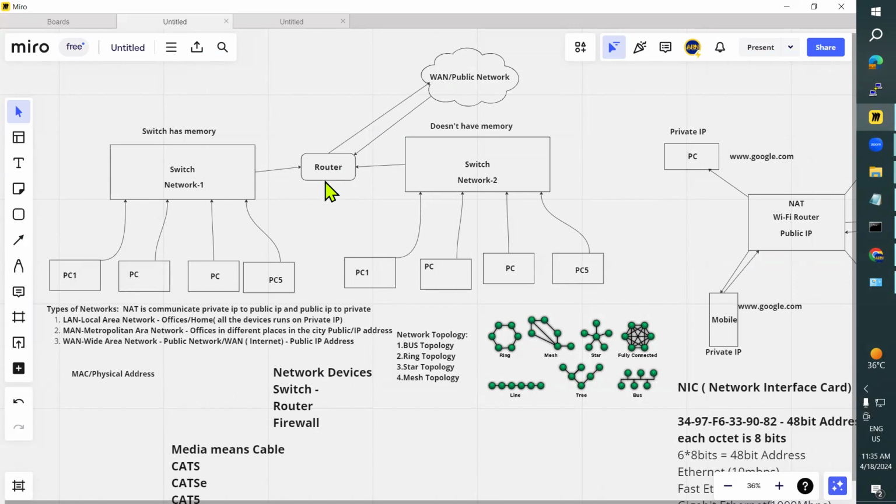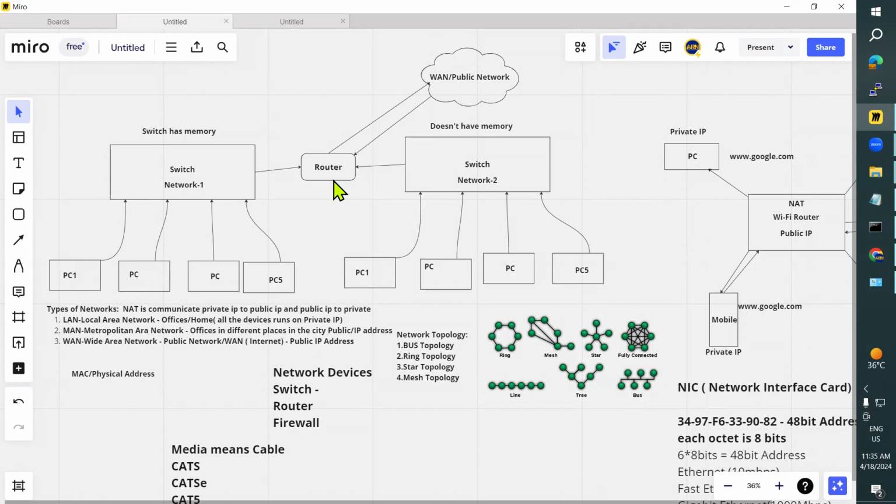The router is only there to share the network and enable the communication between the two networks, but the router doesn't have the ability to stop thieves. I'm using layman language, thieves.